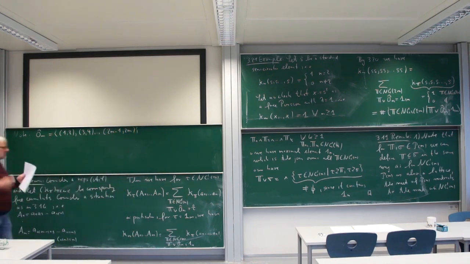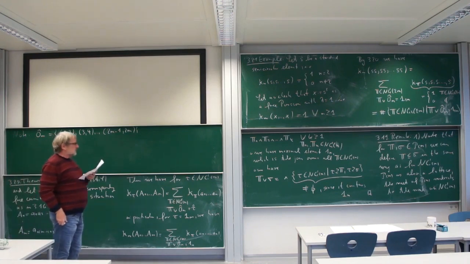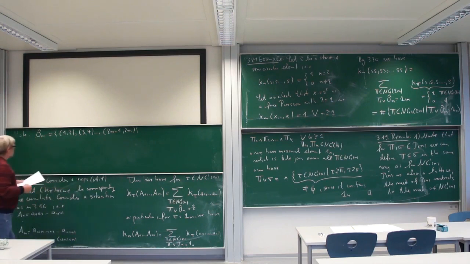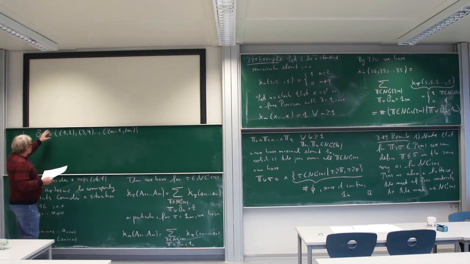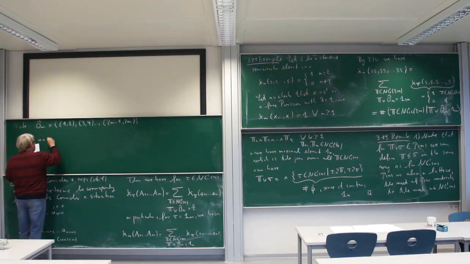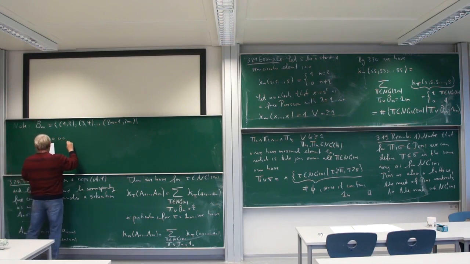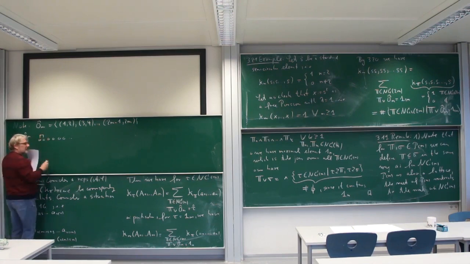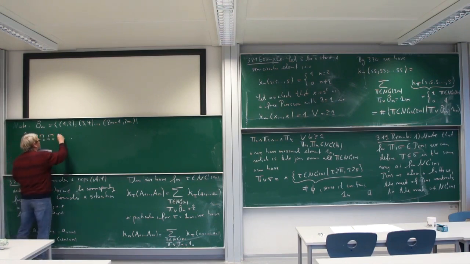And now I have to look for non-crossing pairings such that the maximum of pi and this guy is everything. This is the 1 hat. So what I have now is my 2m elements, and I have the 0_m hat, which connects the first and the second, the third and the fourth, and so on.